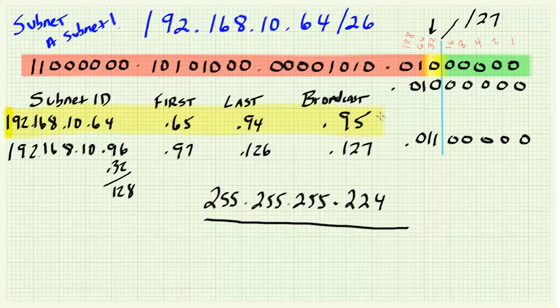How many hosts can we accommodate here? Well, we have 5 host bits. You can count them right there, 1, 2, 3, 4, 5 in green, so 2 to the 5th is 32 minus 2, and that would give us 30 usable host IPs, which is just perfect for location 1 since our requirement was for 25, and that gives us a few extra.